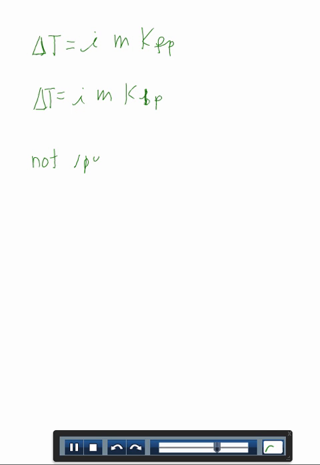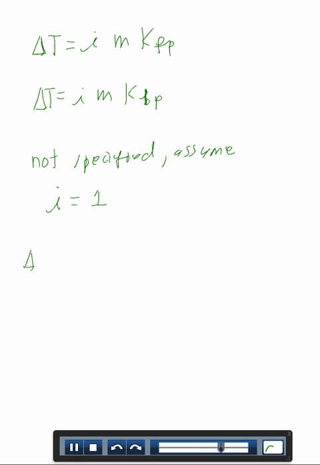So in this case, the change in the temperature for the phase is equal to i, the Van't Hoff factor, times the molality times, say, the freezing point depression or boiling point constant. If it's not specified, then we assume that the Van't Hoff factor is equal to 1.